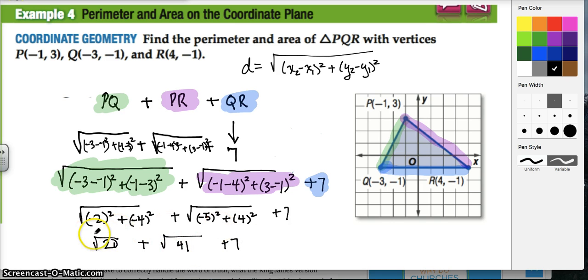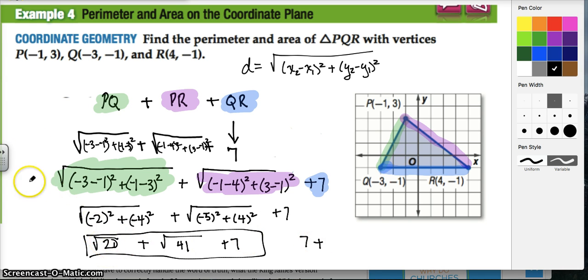So honestly, we could mathematically stop here and leave this somewhat unattractive, but we're probably going to join some like terms together. If I wanted to leave it in exact form, I would do 7 plus the square root of 20, which can be broken down to 4 times 5.